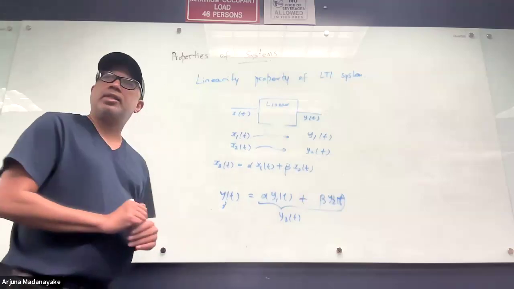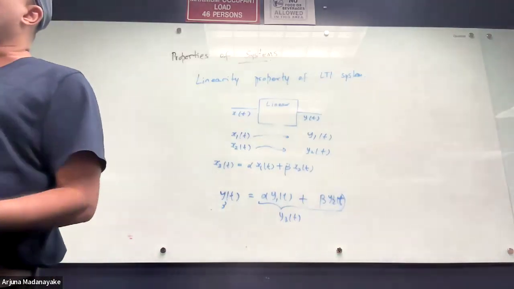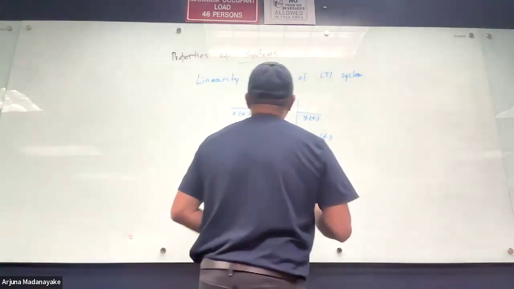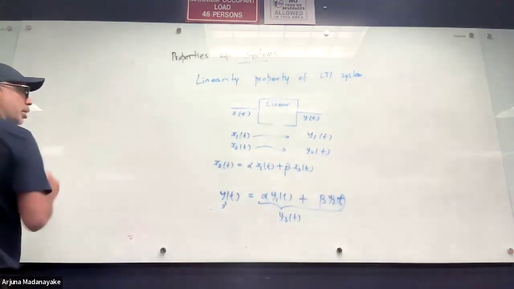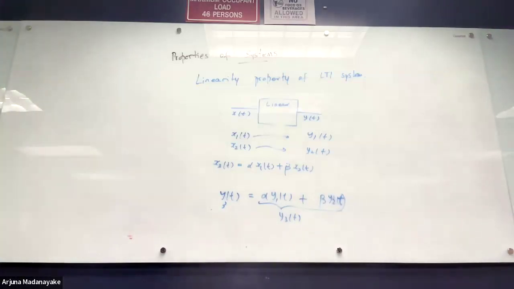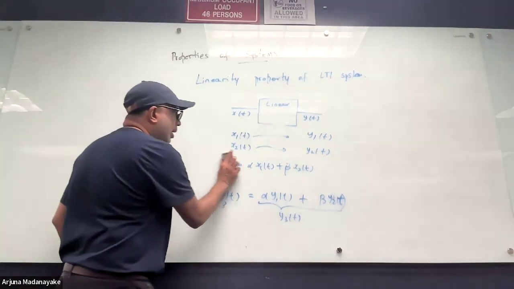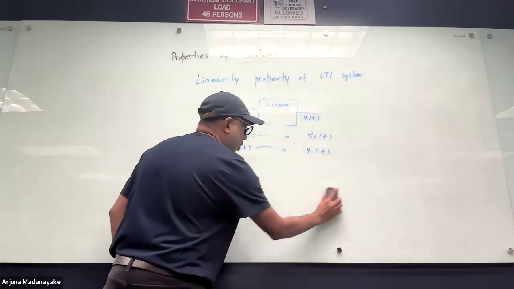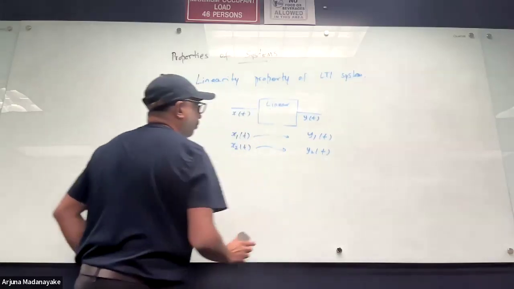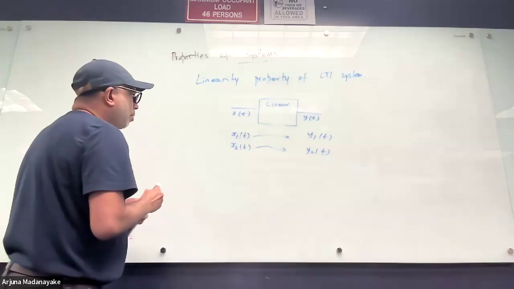So it turns out that the same trick works for time delay also. So let's say I have the time invariance property. Let me erase this and then I'll write it afresh. Now what I'm going to do is delay x1 by tau1.